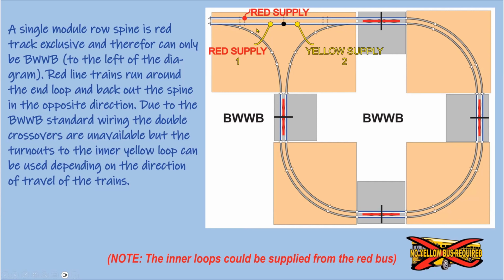If your trains are on the inner loop and they are traveling in a counterclockwise direction here, they can leave the inner loop, but then it would require a reverse move to get back into the inner loop.